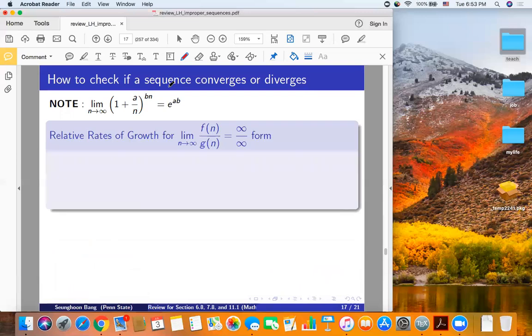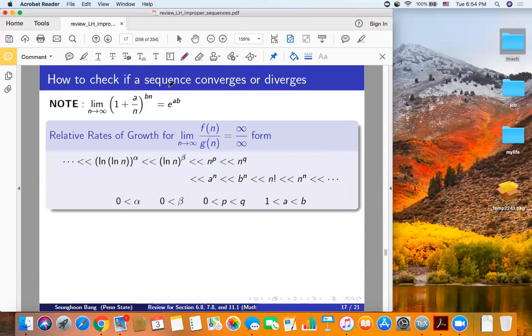One more. Do you know relative rate of growth? This is also possible. The limit of f(n) over g(n) is of infinity over infinity form. You can use a similar table. (ln n)^alpha grows slower than (ln n)^beta. n^p grows faster than (ln n)^beta. n^q grows faster than n^p.